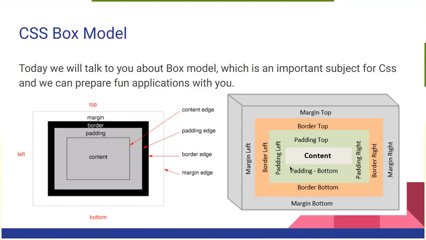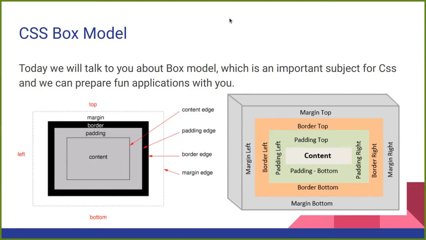Suppose you want to apply some padding on top and some margin at the bottom, then you need to mention padding-top this amount, margin-bottom this amount. Likewise you need to mention that, and I will take you to the inspect element, where you will get to know more on this. Before that, I will take you to the Visual Studio Code editor, where I have added some code.